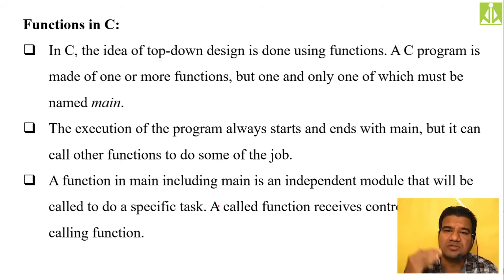So dividing the complex problem into smaller modules, solving the smaller modules separately, and combining the solutions to get the final solution of the complex problem, this strategy we said is top-down design, or the divide and conquer strategy, followed by the British people.